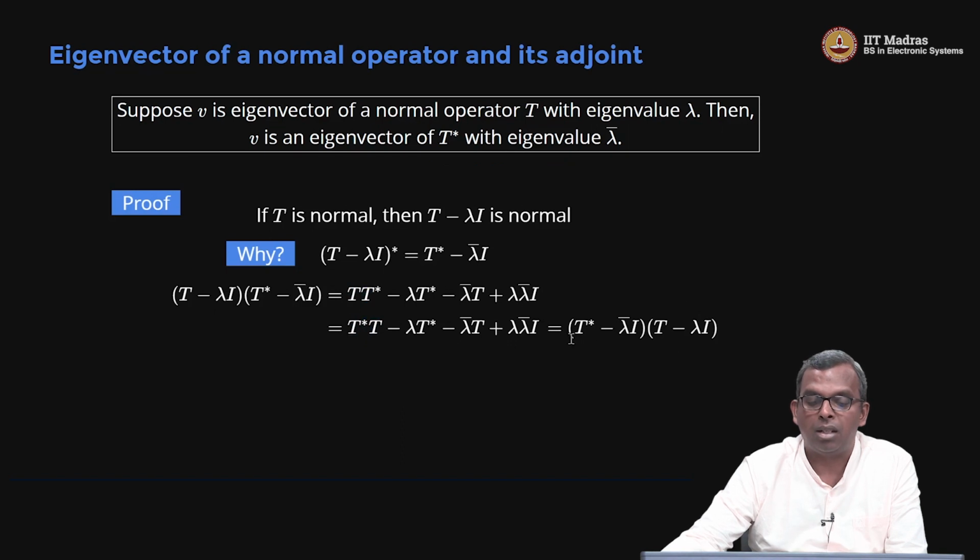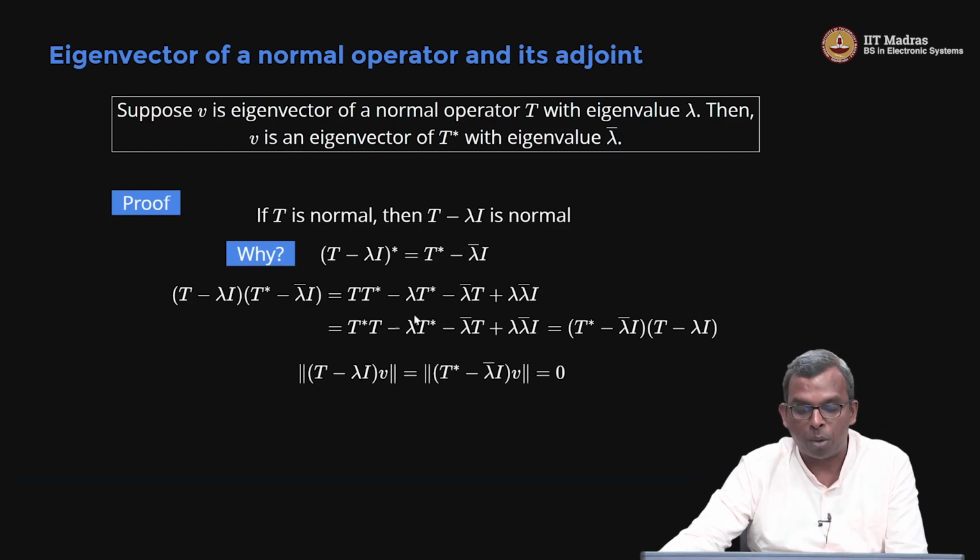So, if T is normal, T minus lambda I is also normal. Once T minus lambda I is normal, use the norm property. What is the norm property? The norm of T minus lambda I v is the same as the norm of T star minus lambda bar I v.